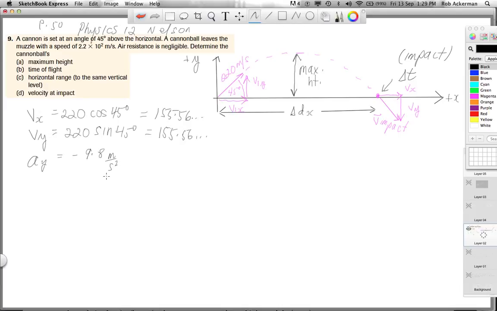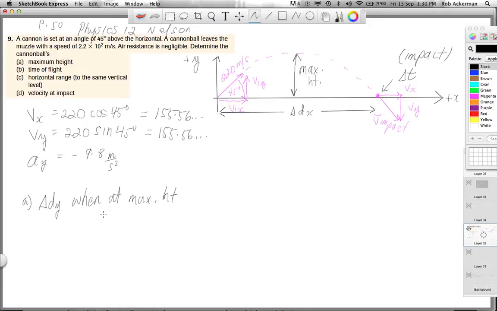So for part A, what do you do? Well, they're asking for the maximum height. So this is kind of like asking what's delta dy when we're at maximum height. Well, let me think for a moment. How do you translate this English statement into a math statement?